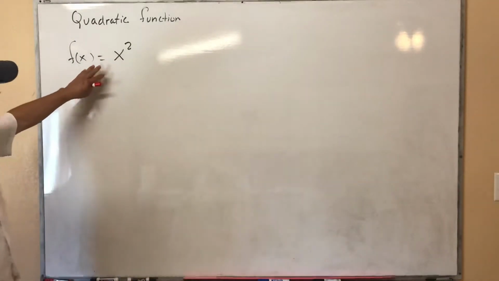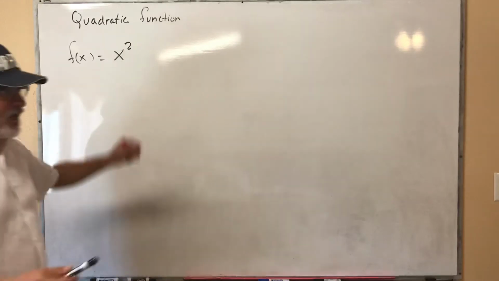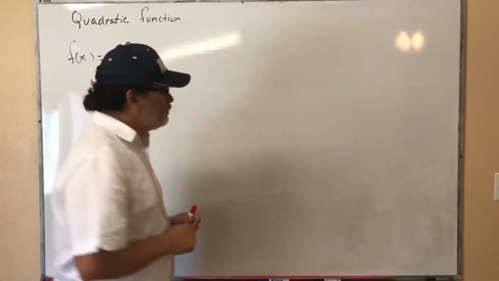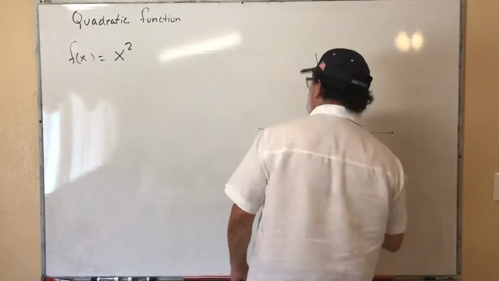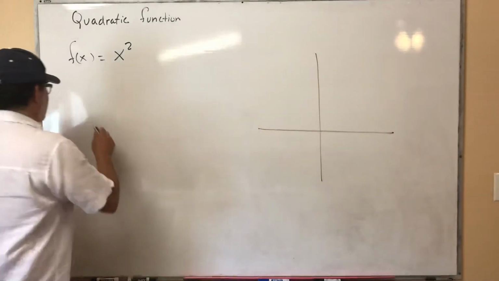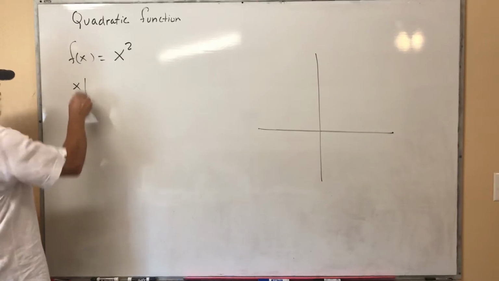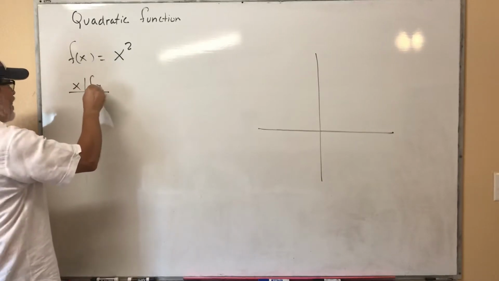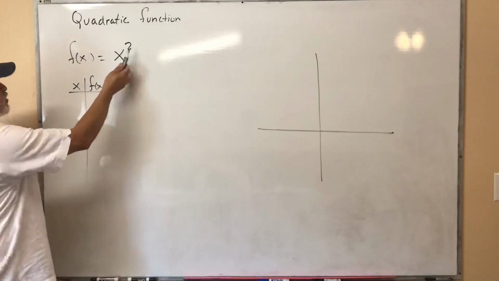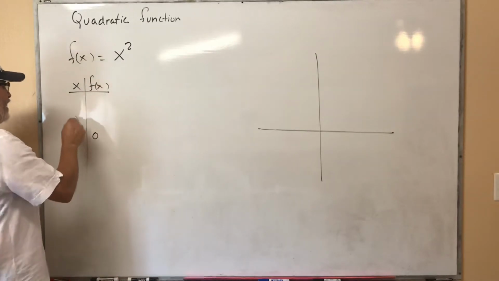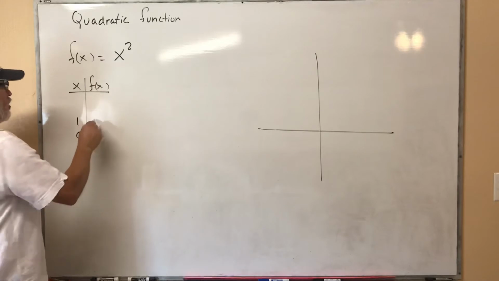Can we graph this? Sure we can. It's a parabola. So here's x, and then we have f of x. If x is 0, what's 0 squared? 0. If x is 1, what's 1 squared? 1.